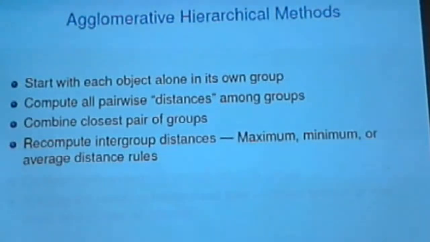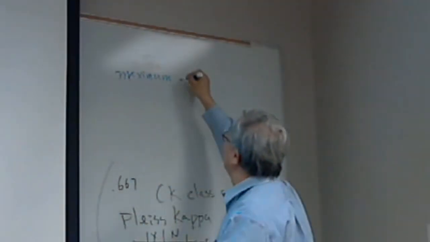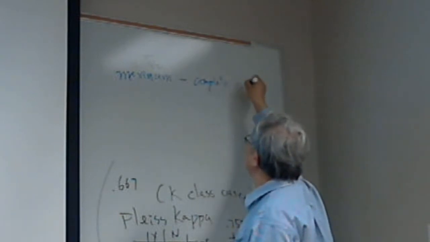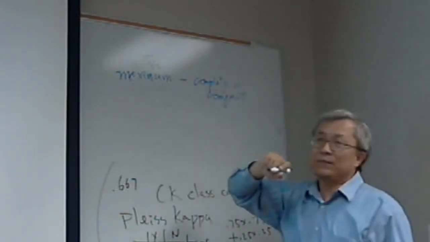Maximum linkage is also called complete linkage, or compact linkage. It's just a different name.